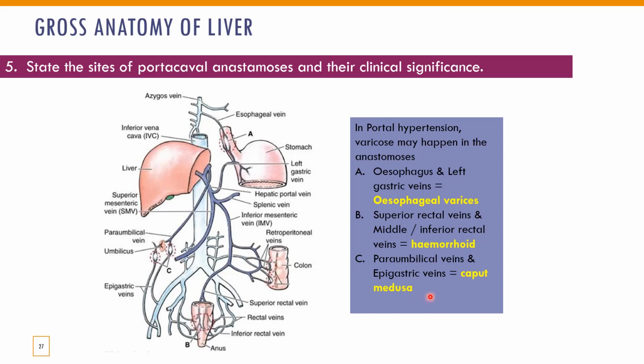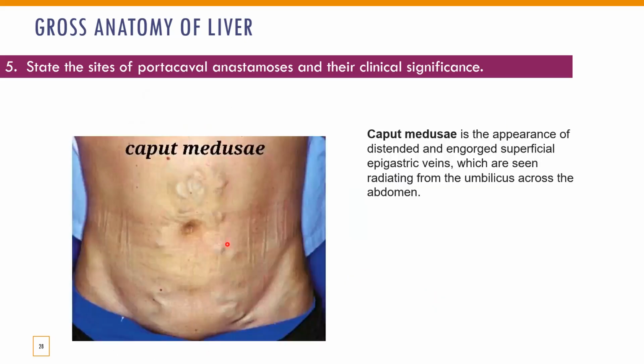That is called the caput medusae. In this case, it is not really the distended abdomen. Caput medusae is the appearance of distended and engorged superficial epigastric veins, seen radiating from the umbilicus across the abdomen. So this patient might have portal hypertension.